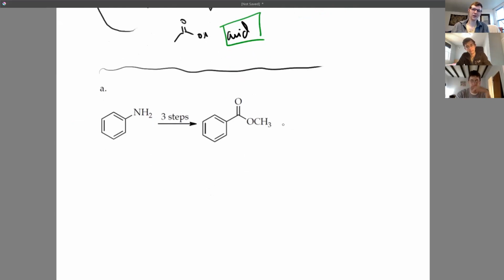Well, all right. If we're starting with an amine, could we throw some protons at it and make it an OH group? Or, ooh, no. We would first want to make this a carboxylic acid on here. I forget how we do that.